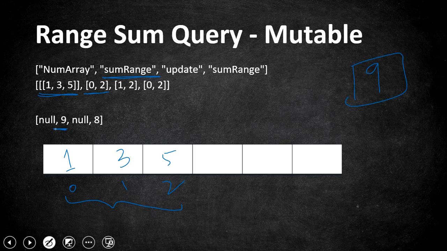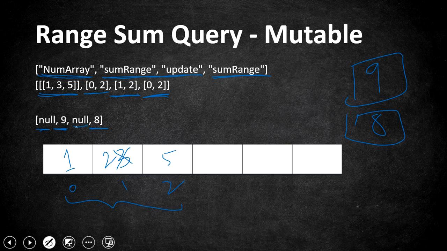And then comes the update method, where they have given at index 1 we have to update the value to 2. So instead of 3 we are going to update this value to 2, and now the sum is going to become 8. And finally comes the sumRange method to call the sum from 0th index to 2nd index, and the sum is going to be 8. We are going to send that as our output, and the other methods, update and NumArray, are not going to have any output, so they are going to have null values.